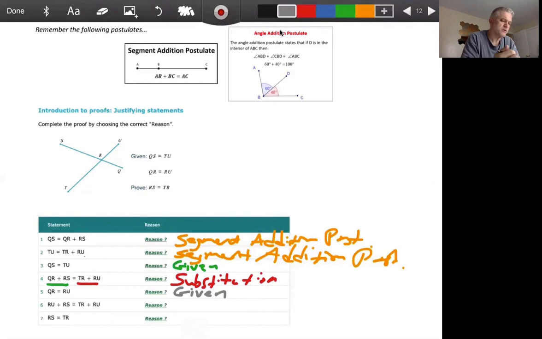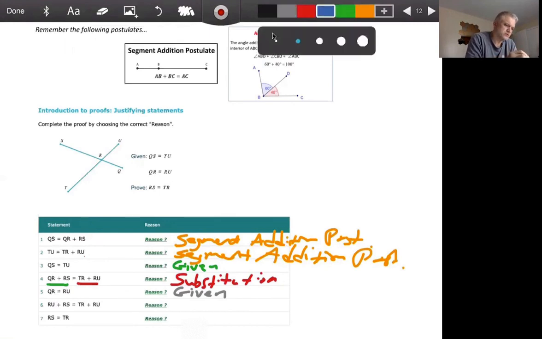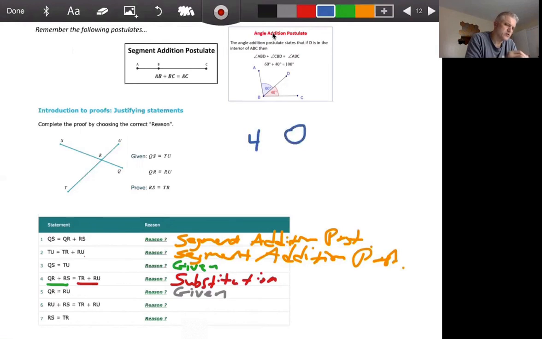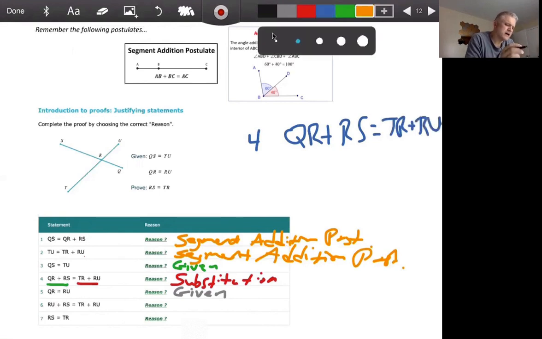How do you get from statement 5 to statement 6? We'll look back at lines 4 and 5. Okay, let's write them over here just so I have a little bit more room. For 4, it said QR plus RS equals TR plus RU. But then what did 5 say? It says QR equals RU.